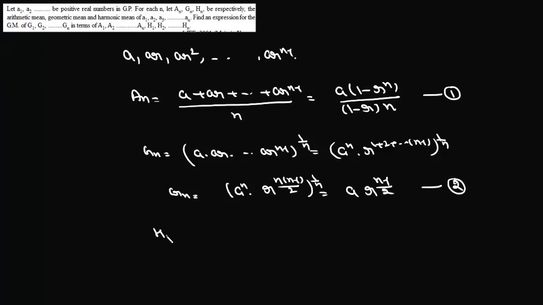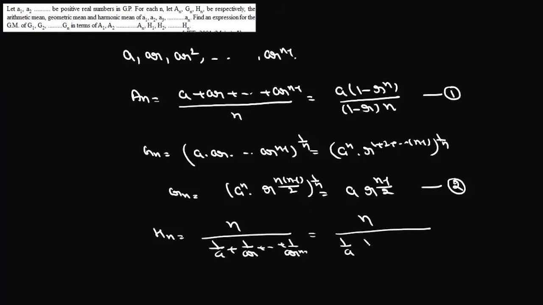Now Hn will be n upon 1 upon a plus 1 upon ar up to 1 upon ar to the power n minus 1. Now this again is a GP whose first term is 1 by a, its common ratio is 1 by r, so it will be (1 by r to the power n minus 1) upon (1 by r minus 1).